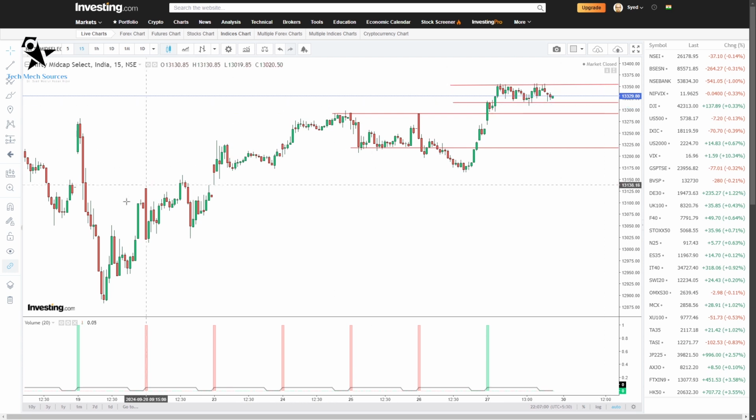But right now, the resistance is 350, 355, 356, and the support is 315. Again, if we see here, the next support is 13,300, 13,294.